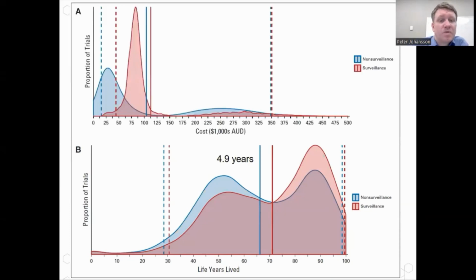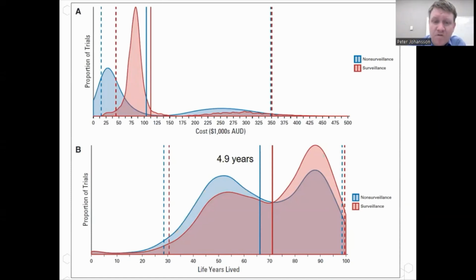Similarly, for the cost, we see that the red peak is shifted right compared to the blue one, which means that when you introduce surveillance, the baseline cost bumps up a bit.